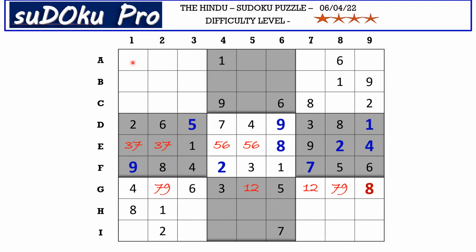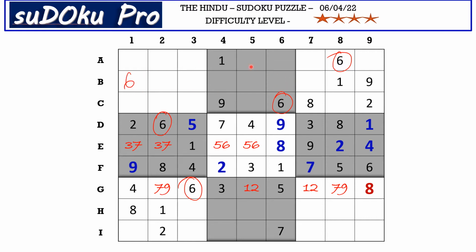Let's try to fill column 1. You have 6 in C row and 6 in A row, which blocks these 2 rows, and there is 6 in column 2 and 6 in column 3, which blocks these 2 columns. So 6 goes here in B1.